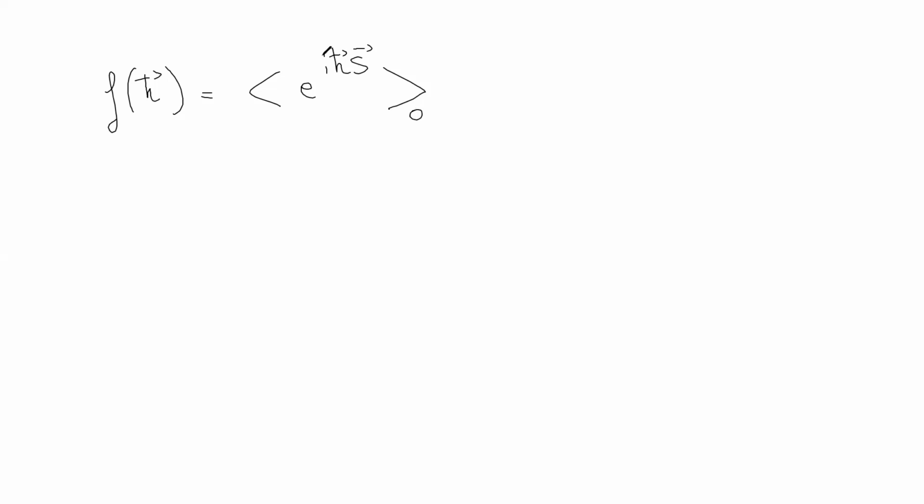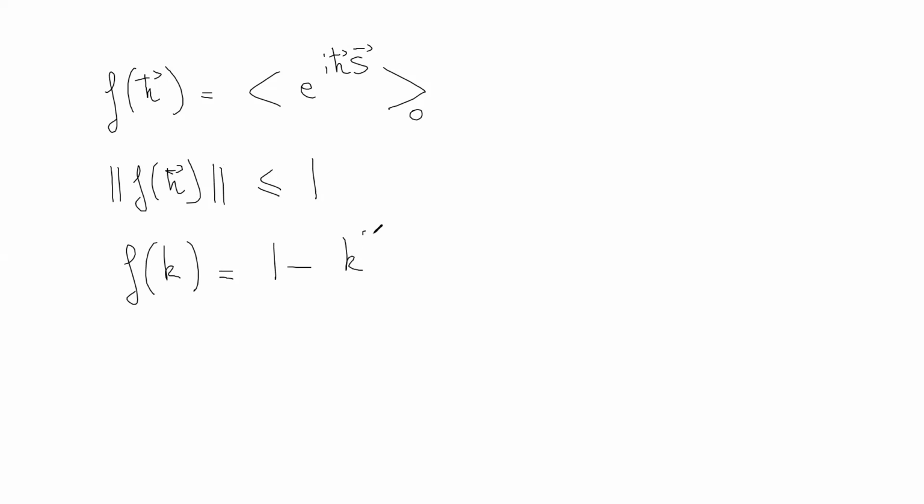And of course, since the inside of the average is of modulus 1, you were commenting on the fact that that function should have a norm that is inferior to 1, which is a correct statement. The problem is that we found that, first of all, it depends only on the norm, not on the vector, but we found something like that, which for values of k larger than 2 leads to problems.